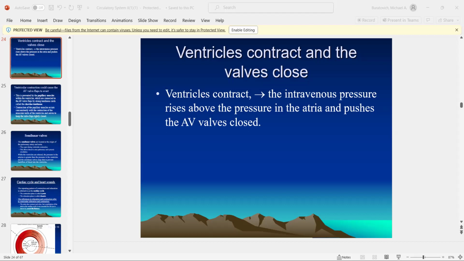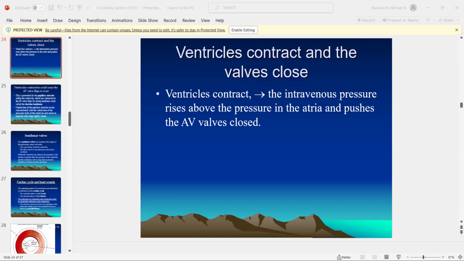You can see it's pretty fast here. Then it gets pretty slow right here. The fast ejection phase is first. The ventricular pressure is high, so you get very fast ejection. The slow phase ensues as the ventricular pressure diminishes.